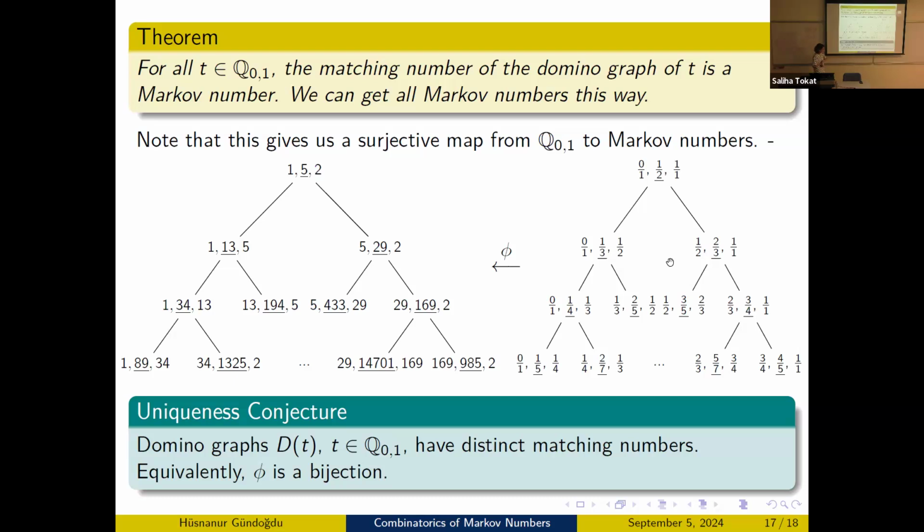And then the mapping is an injection too, so a bijection. So we conclude with a new variant of the uniqueness conjecture.